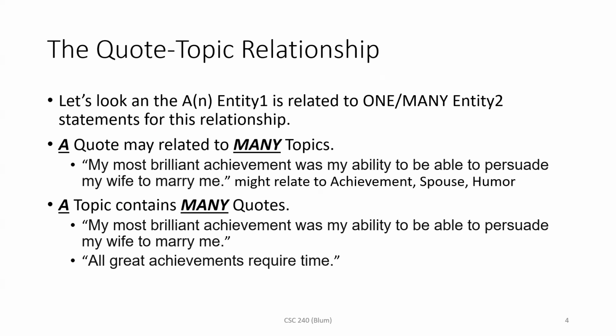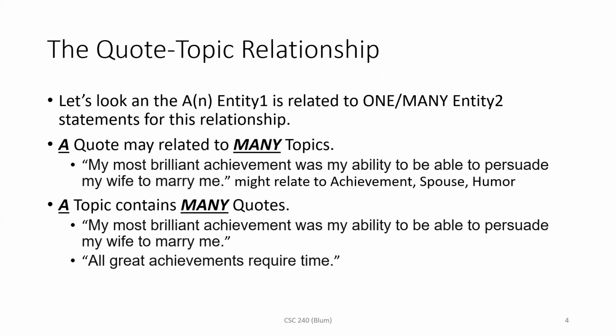Take this Winston Churchill quote, "My most brilliant achievement was my ability to be able to persuade my wife to marry me." Achievement might be a topic, spouses a topic, humor a topic, so this might fall under any of those topics, subjects, themes, whatever you want to call them.